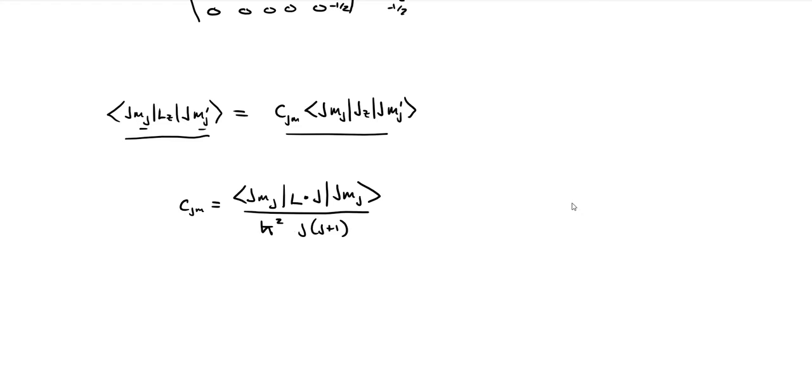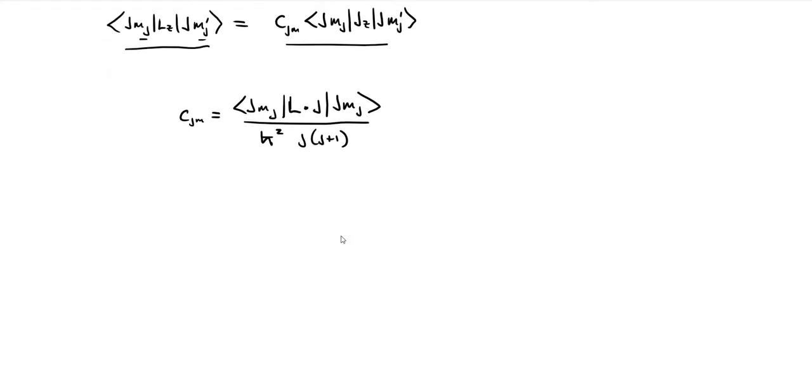And this is the projection theorem, which is an example of the Wigner-Eckart theorem. It's called the projection theorem because it depends on the projection of the J operator onto the L operator, or whatever operator we're trying to write.